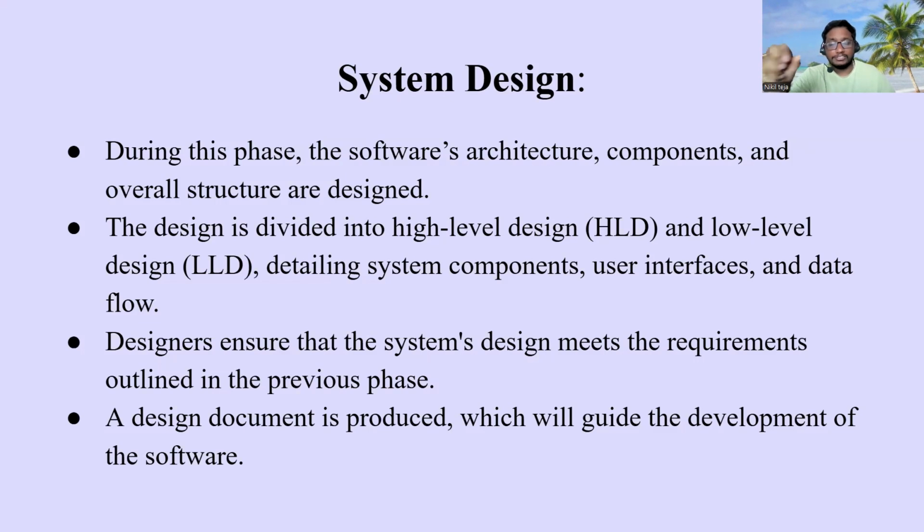Requirement analysis phase is the input for system design phase, and system design phase is the input for development phase, and development phase is the input for testing phase, and testing phase is input for deployment phase, and deployment phase is input for maintenance phase. So every previous step is input for the next phase, right?